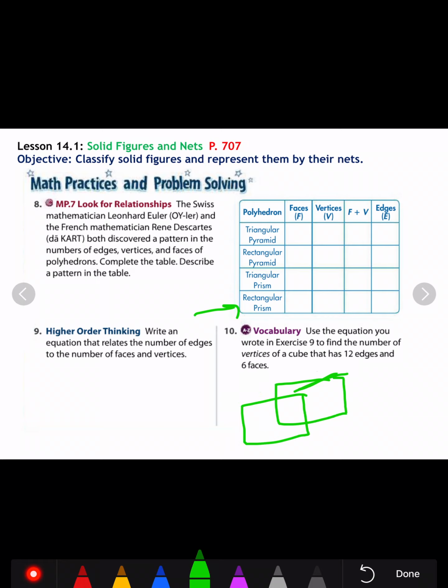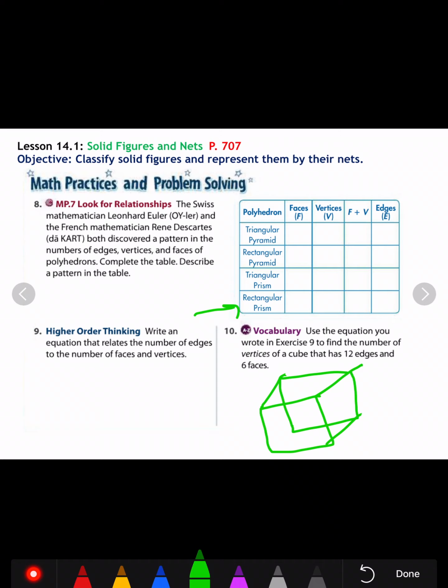So this rectangular prism has, as I mentioned, 6 faces, and how many vertices? 8 vertices, and if you add them you get 14.